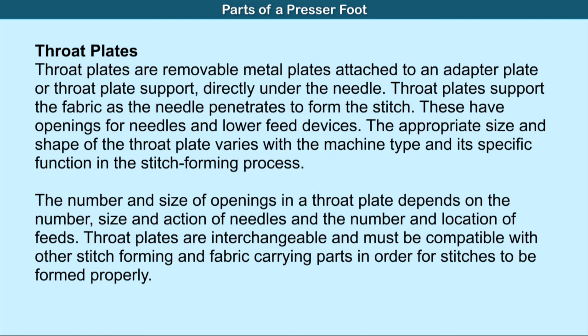Throat plates have openings for needles and lower feed devices. The appropriate size and shape of the throat plate varies with the machine type and its specific function in the stitch forming process.